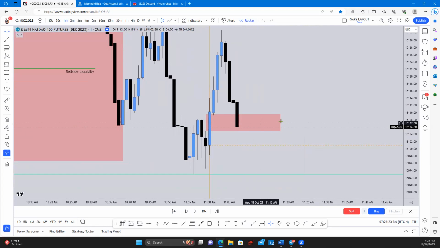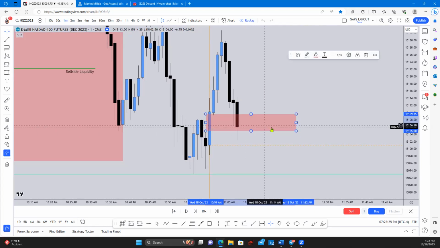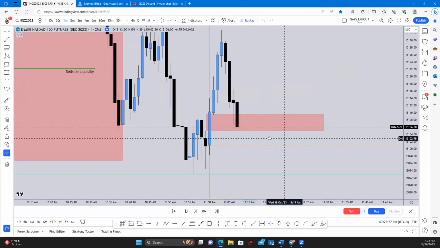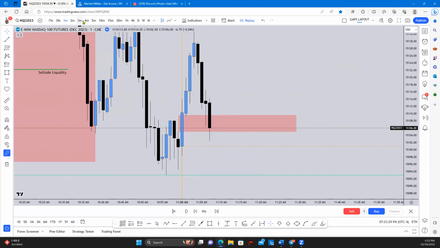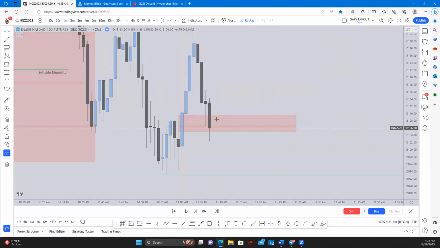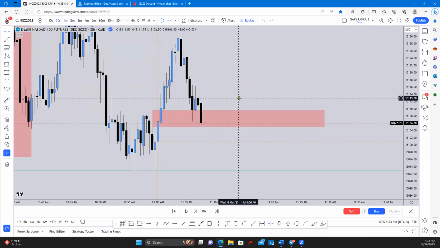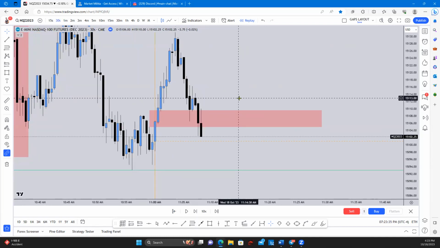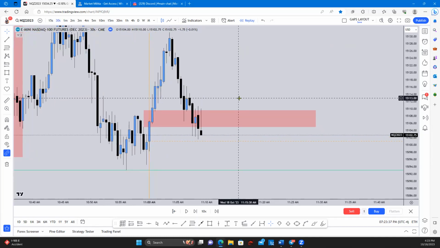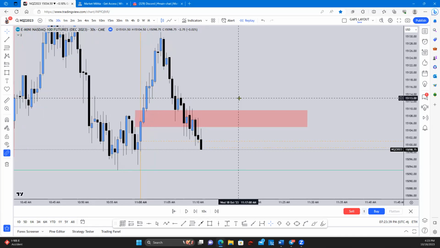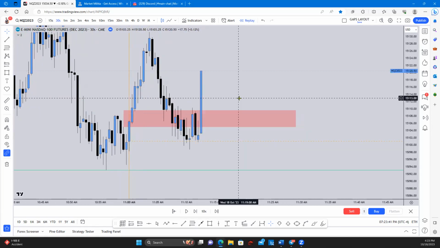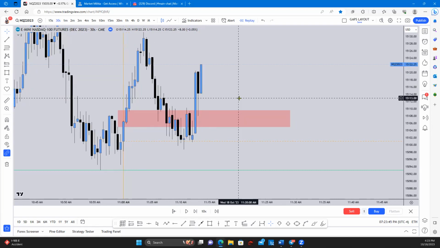Okay, but I wanted to wait again for some sort of liquidity to be built up here and then for it to be ran. So that's what I was expecting. So we dropped down some more. Right. Then we aggressively moved up, back down.